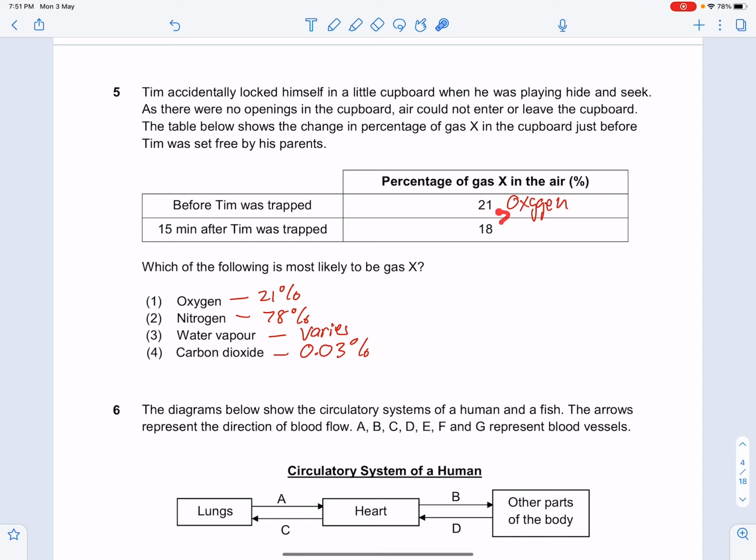So because of that, there will be a decrease in oxygen because it is used for this process known as respiration. So when you respire, you actually take in oxygen and then you give out carbon dioxide, right? In a process where you would release energy. So answer 1.